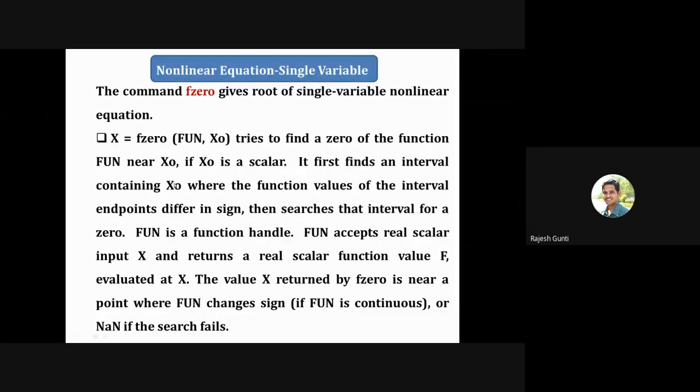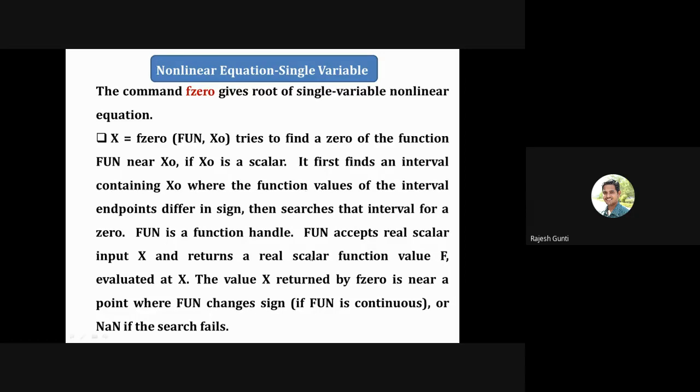So x is equal to fzero of fun, x naught. It tries to find the zero of a function fun near x naught, if x naught is a scalar.